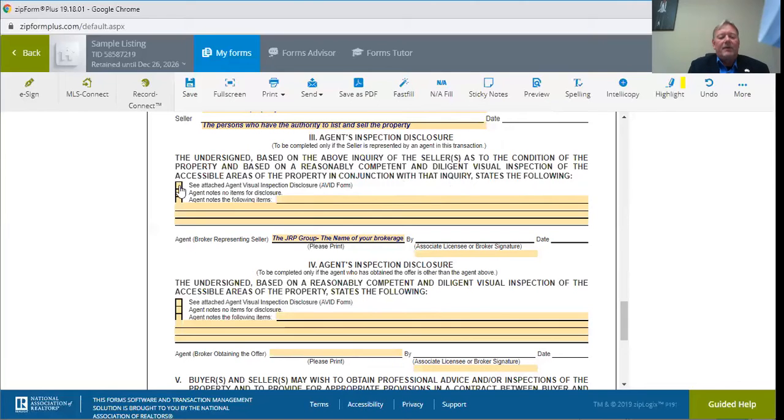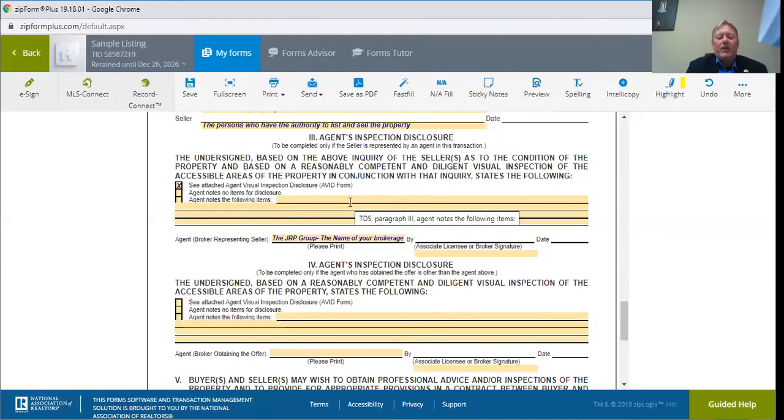So usually what happens is, as an agent, we're going to check the box which says see attached agent visual inspection. Again, that's the AVID form, and this will be a form that we're going to be discussing in a future segment of contracts and disclosures.